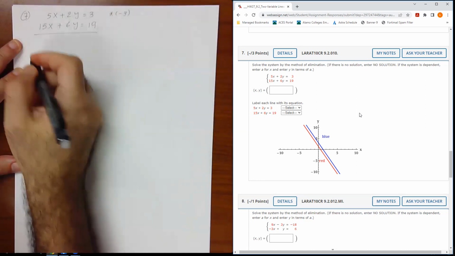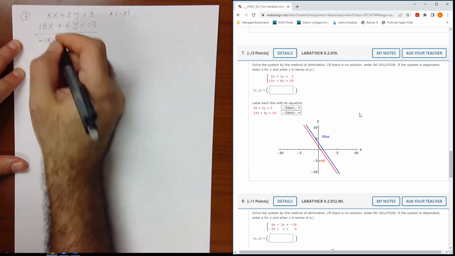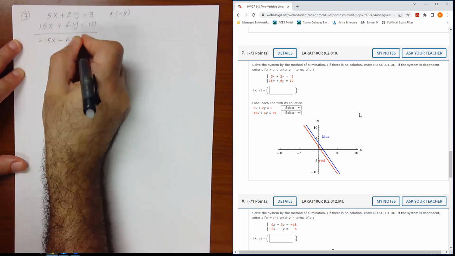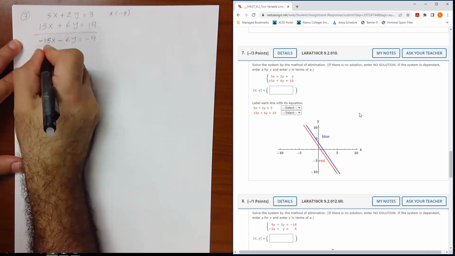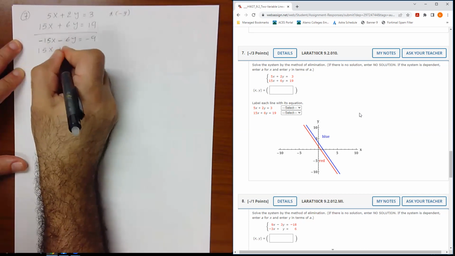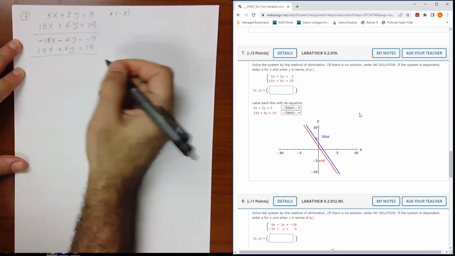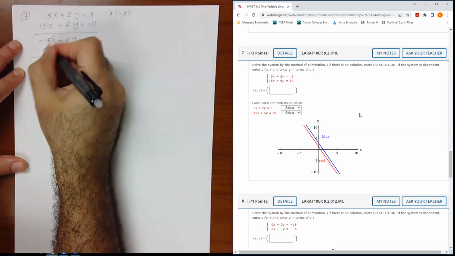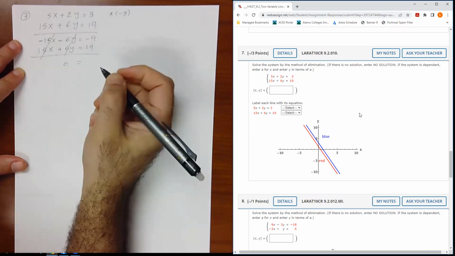That means it's going to be negative 15x minus 6y equal negative 9. And the second one is going to be 15x plus 6y equal 19. So when we add these together, this one cancels, this one is also canceled, so the left side is 0.